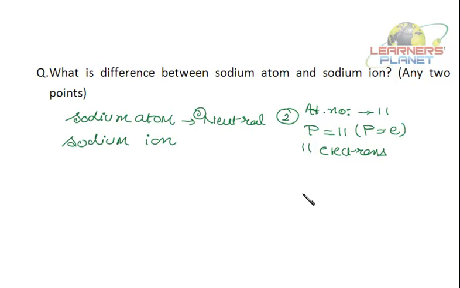Now sodium ion. Sodium ion has got a positive charge. It is represented by Na with a superscript plus. It is having protons 11 and electrons only 10.